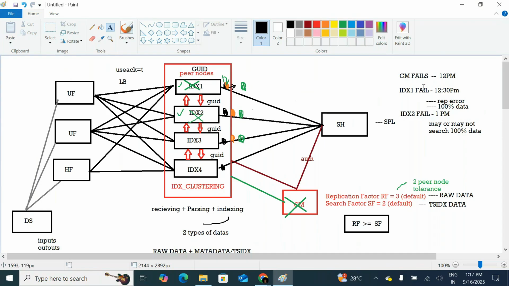The last 3 hours and these 2 hours, a total of 5 hours of classes, are the heart of Splunk. If you know these theoretical classes, that is more than enough to clear 30% of the interview. The same things we are going to implement as the 70% practical.